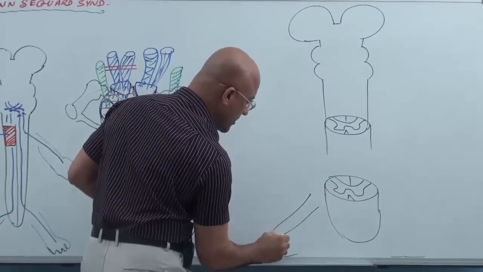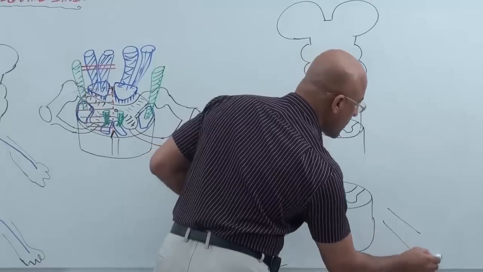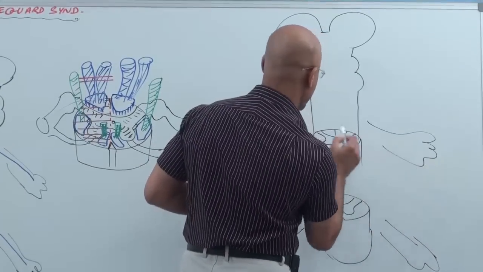Again, here is your what? Lower limb, and here are your upper limbs.